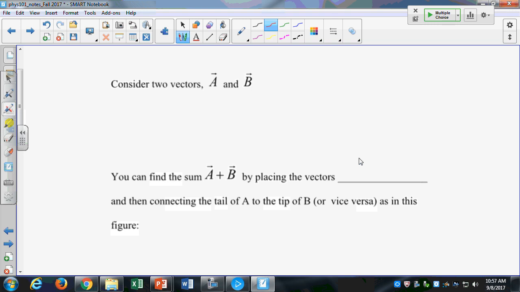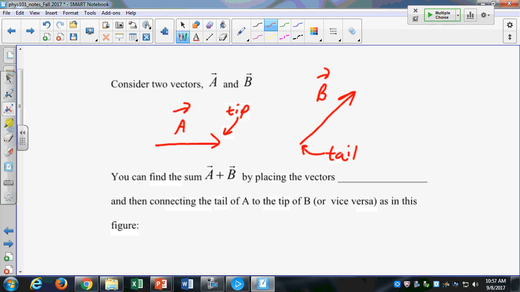Okay, so consider two vectors A and B. We're going to step through this, but I'm going to show you something different that can come up. So for my tail to tip, this is my vector A. This is my tip. And I want to know what is A plus B. This is my vector B. This is the tail of vector B. So I'm going to place the tail of the second to the tip of the first.